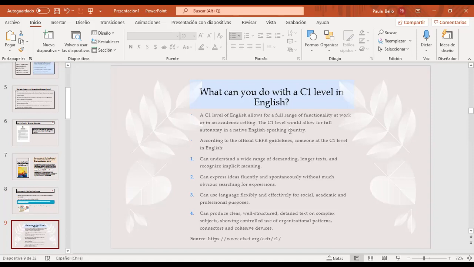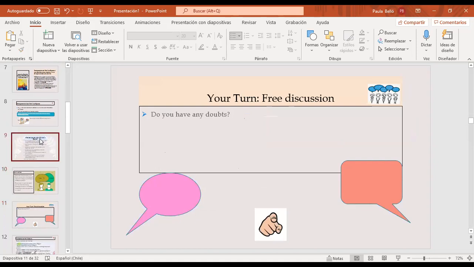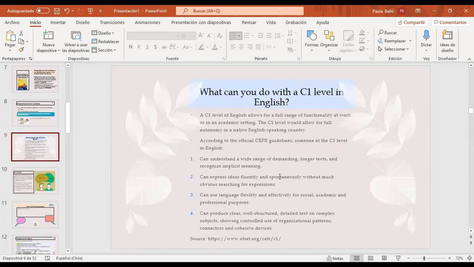So according to the European community guidelines, someone at the C1 level in English can understand a wide range of demanding longer texts and recognize implicit meaning. So you can read extensively in English and understand what you're reading. You can express ideas fluently.